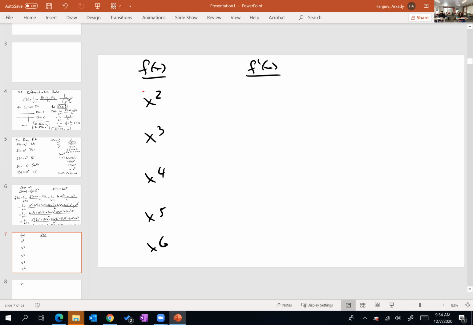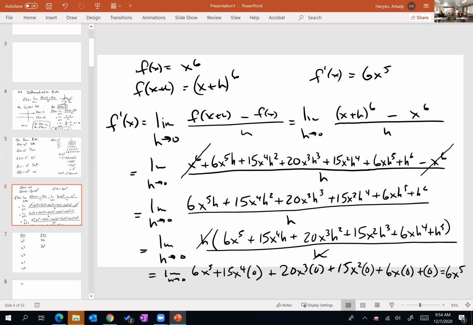What did you get for x squared? 2x. Awesome. Taya, did you finish x cubed? Yes, I'm not sure if I have the right answer. What did you get? 3x squared plus 3xh plus h squared. Oh, perfect. So in that sense, all those h's do turn into zeros.